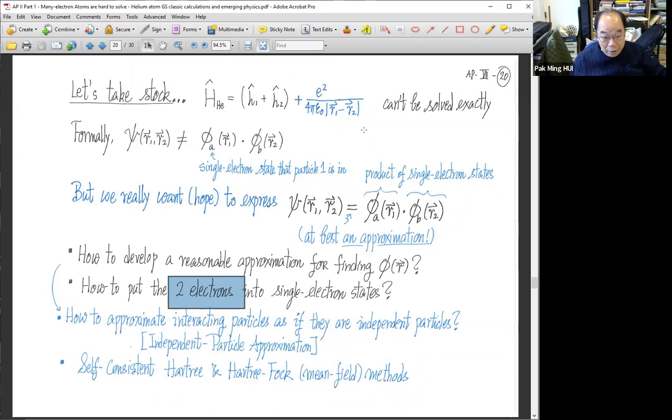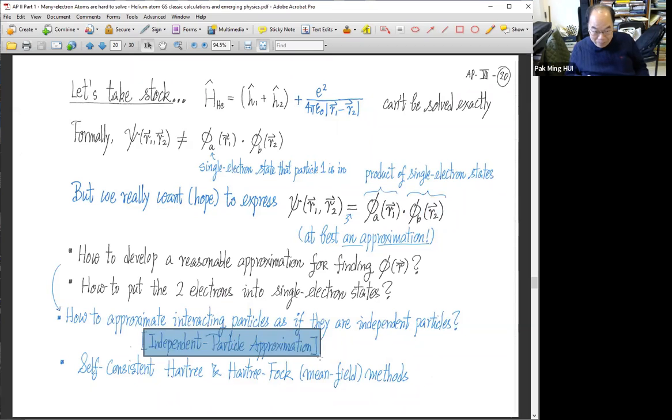So after we do that, the idea that comes out is the independent particle approximation. And more profoundly, we will introduce an important concept about the self-consistent mean field approach.